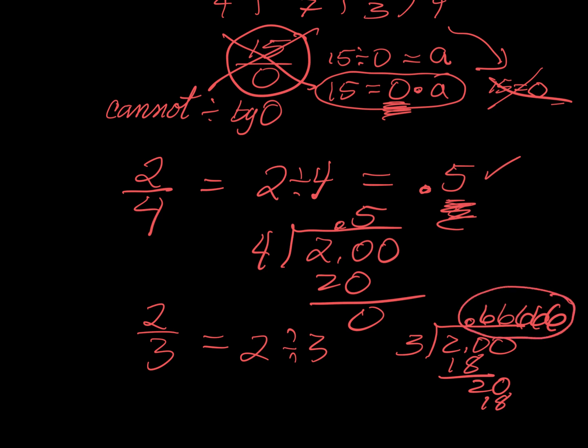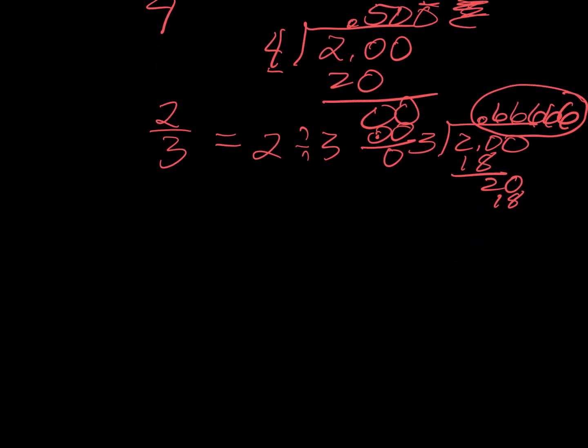So it turns out, even on the previous problem, when we divided 2 by 4, we get 0, and then it goes in 0 times. We subtract and get 0, and then it goes in 0 times. So even dividing 2 by 4 is a repeating decimal. It just repeats zeros versus repeating numbers.